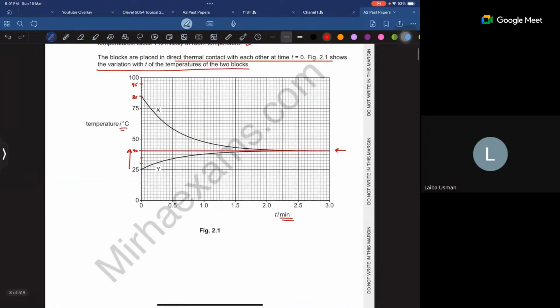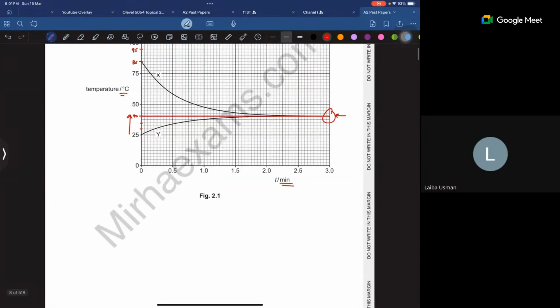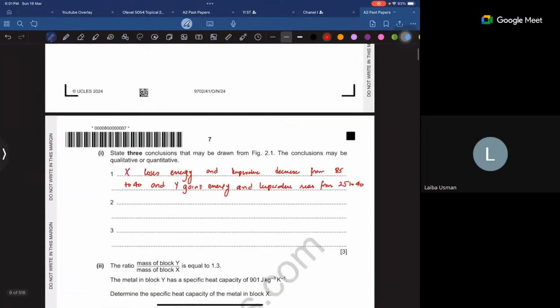Then in the next one, they both reach an equilibrium temperature at 40. And that happens around, I think, 2.5 minutes, right? So I'm going to say about 2.5 minutes, both X and Y reach equilibrium at 40 degrees Celsius temperature.